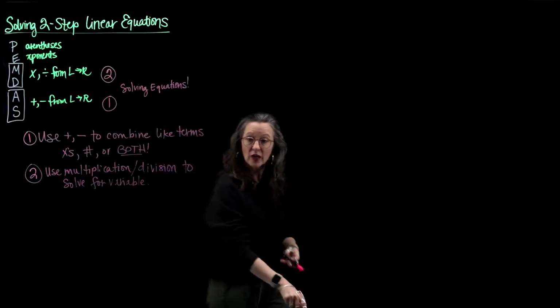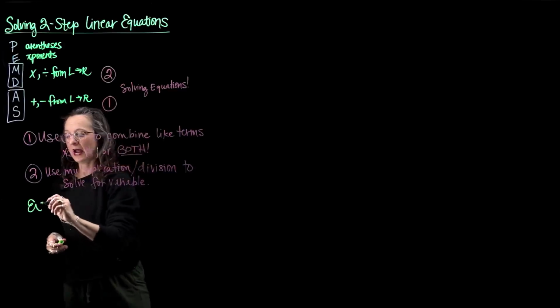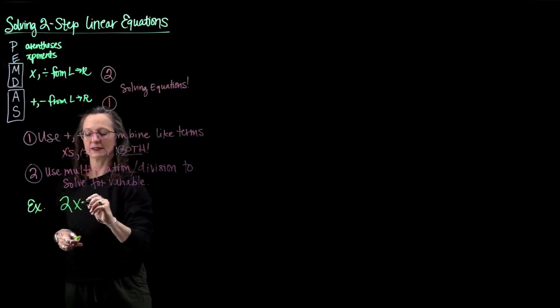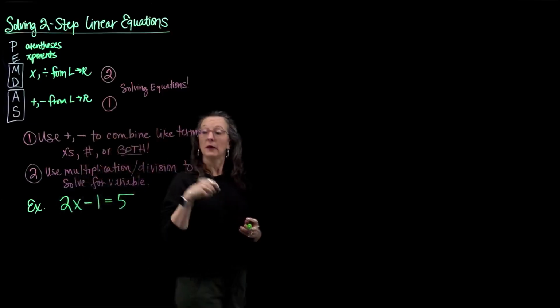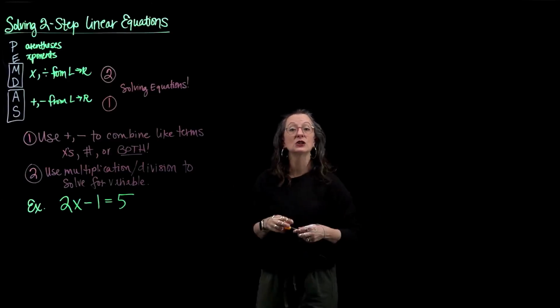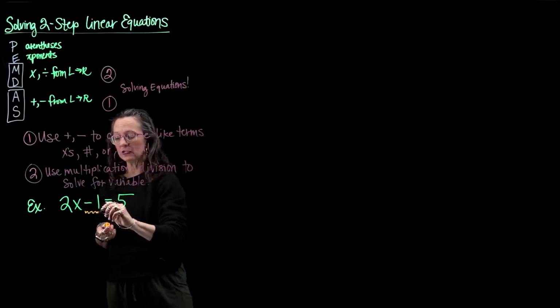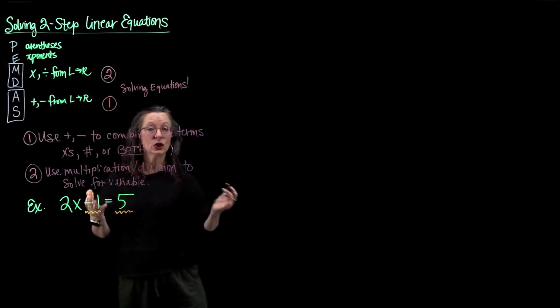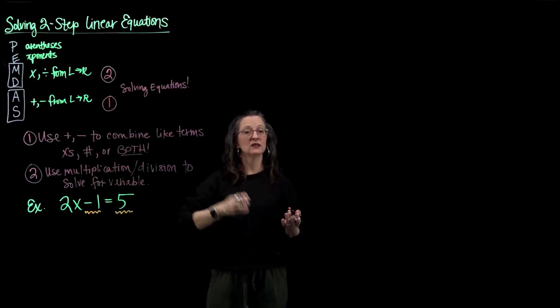All right, let's try a problem. So let's try an example. I have 2x minus 1 equals 5. Now remember, the first goal is to collect our like terms using addition and subtraction. So I'm going to go over to this equation and I'm going to notice that my like terms are the numbers, this minus 1 and this 5.